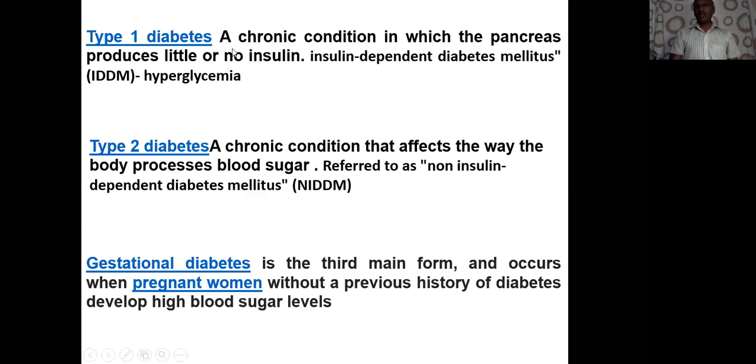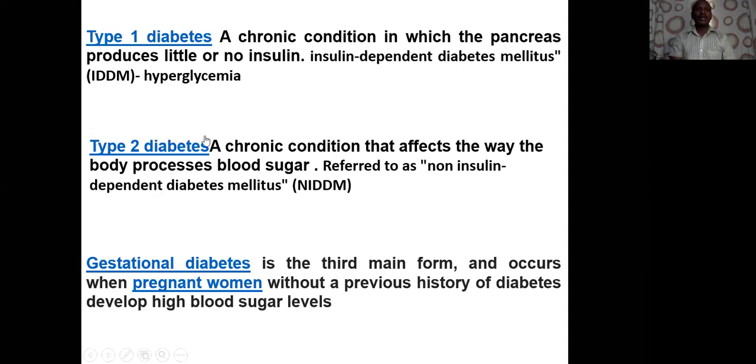It is because of an autoimmune disease where the beta cells of the islets of Langerhans, the pancreatic cells, are destroyed, and there is no production of insulin. So this is insulin dependent diabetes mellitus, type 1.